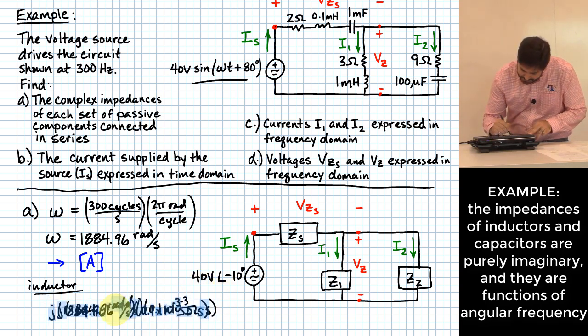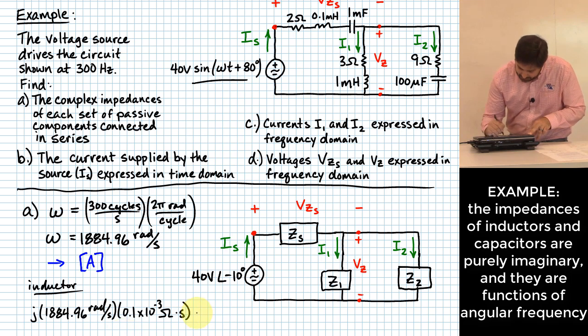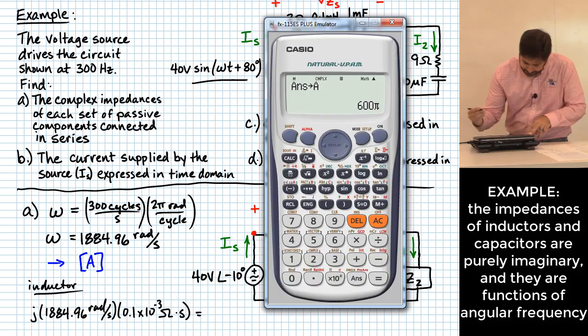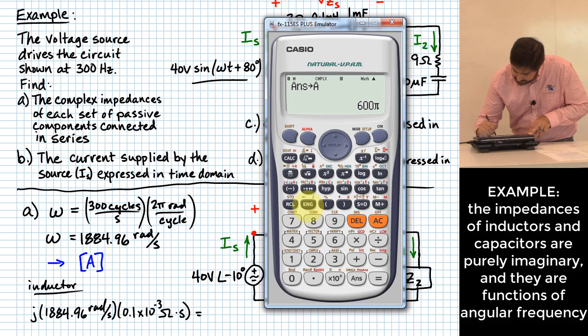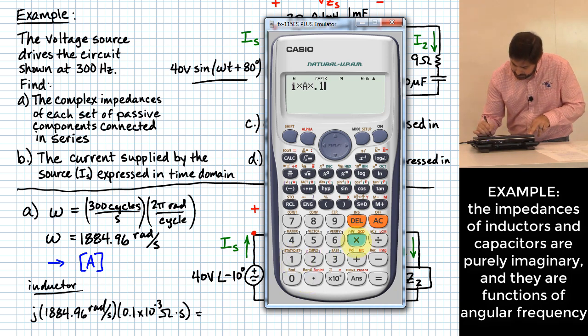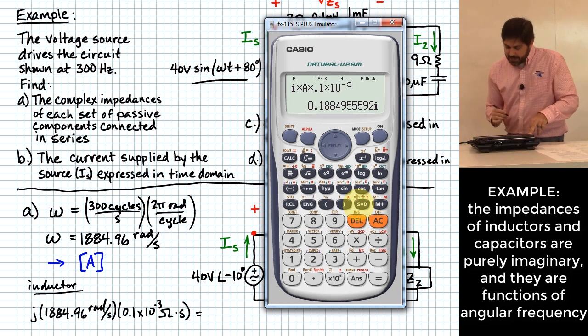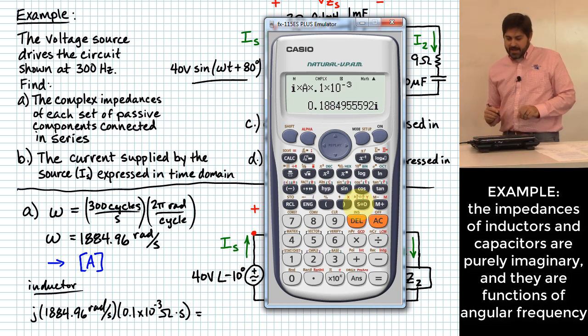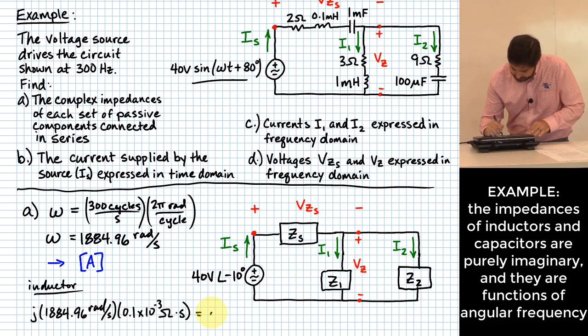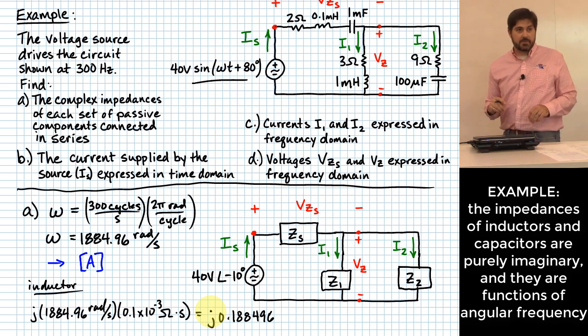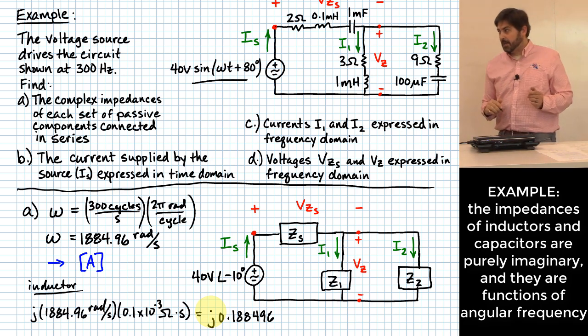Okay, so there is that expression, and if I punch it in the calculator, I have J times what I have stored in A times 0.1 times 10 to the minus third. And what that gives me is 0.188496. And I missed something as I wrote that down. What did I miss? J, right? That's going to have J in it because it's an inductor, right?